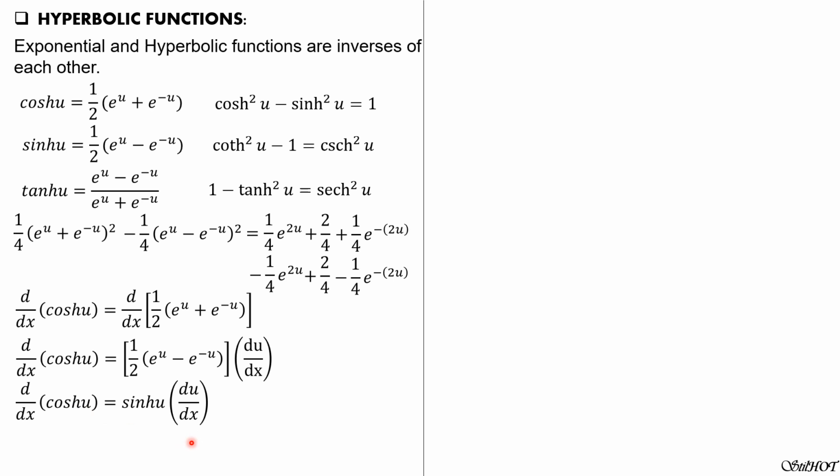So those are the only functions where the corresponding derivatives of hyperbolic functions change sign. The derivative of sine hyperbolic of u is similar to that of trigonometry, so it is still positive cosine hyperbolic of u du dx.